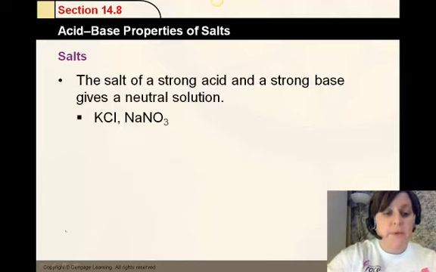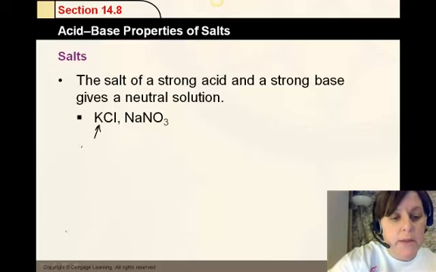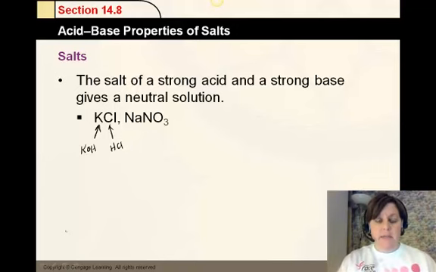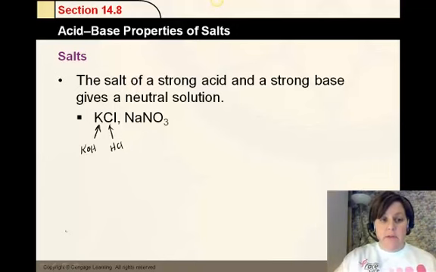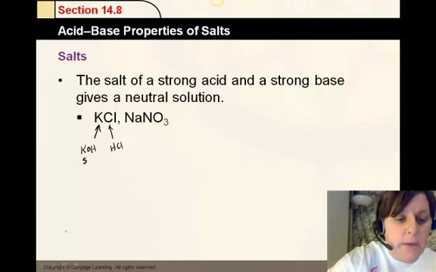So, for example, KCl is a neutral salt. How do I know that? Well, before it was KCl, it came from the base, KOH, and HCl. Now you'll notice the potassium hydroxide, which then would react with HCl to give KCl as a product, is a strong base.